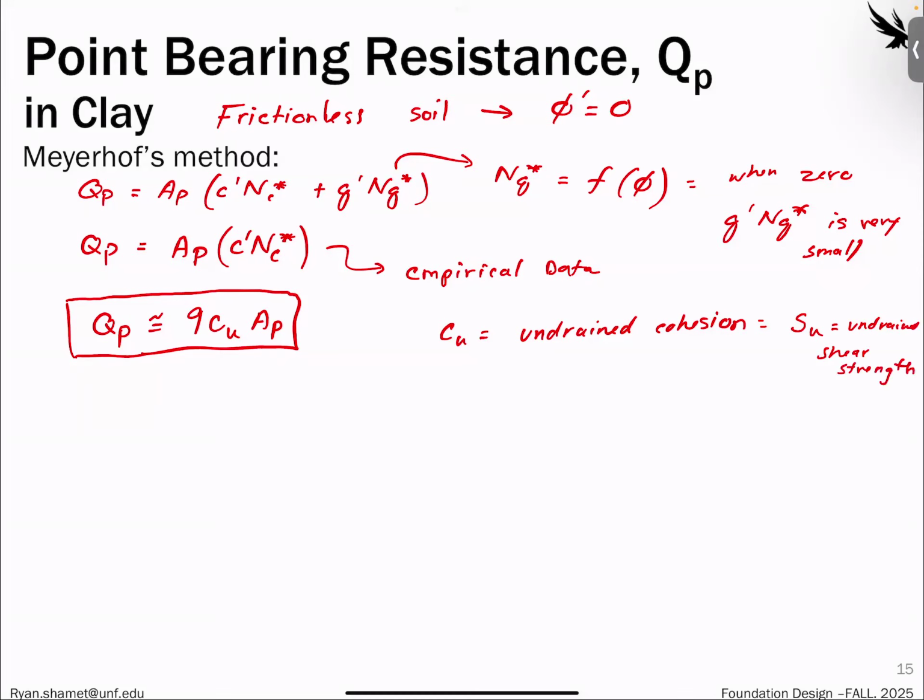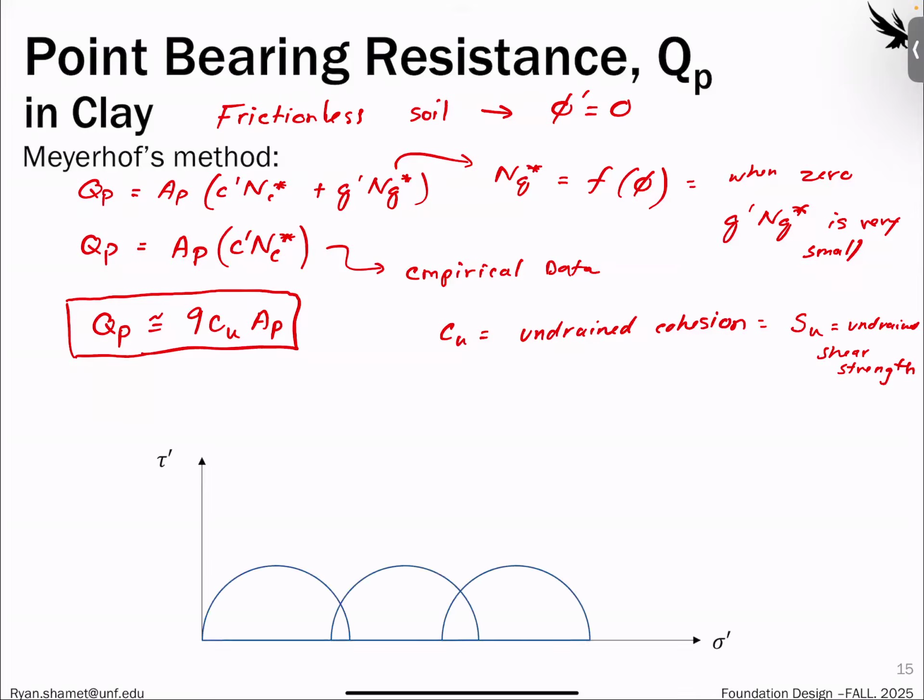So this goes back to our triaxial test. When we were talking about plotting a triaxial test on a clay that has no friction, which means the friction angle is 0, and which also means that if it is undrained, the pore water pressure cannot dissipate.